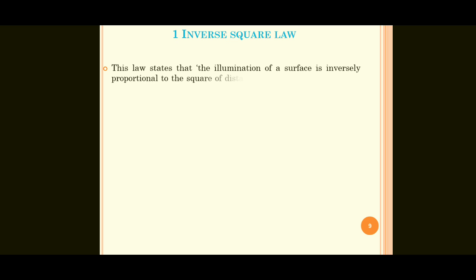So the inverse law means, this law states that the illumination of a surface is inversely proportional to square of the distance between the surface and a point source.